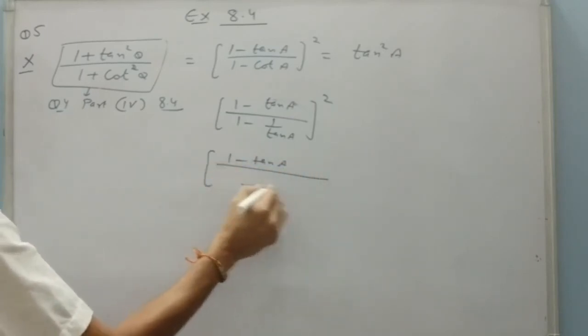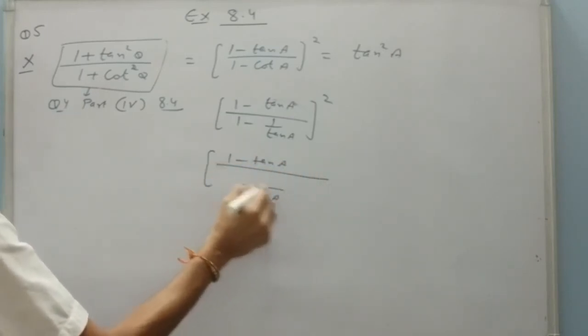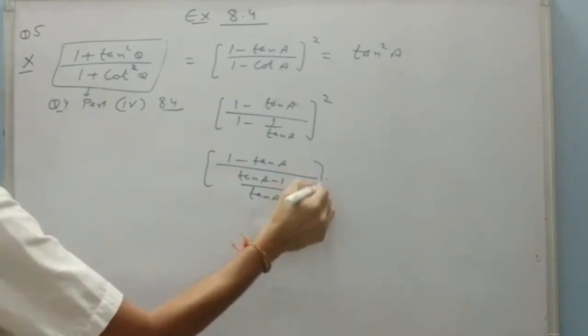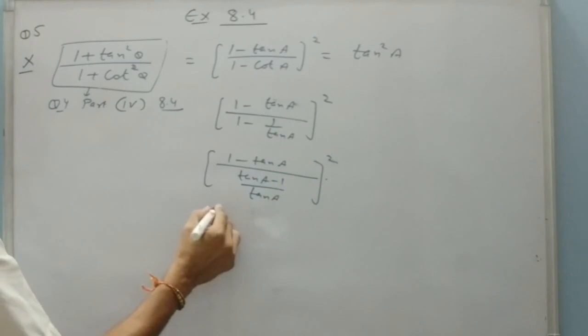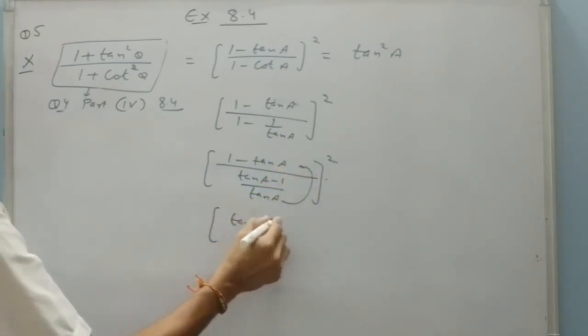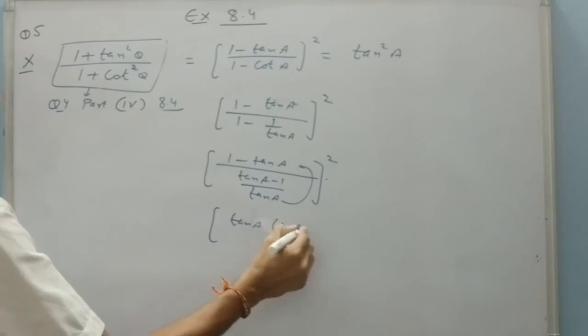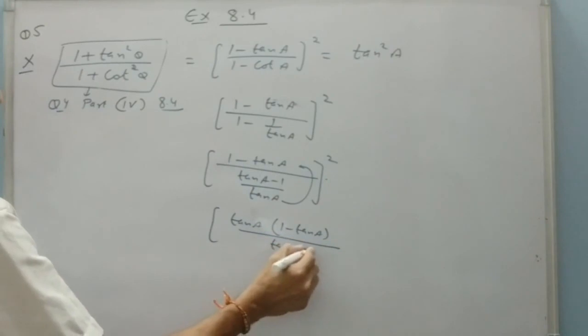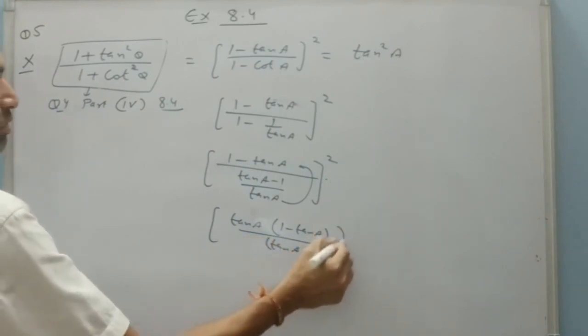In the denominator, LCM is tan A. This is (tan A minus 1) whole square. This tan will go upside, that will become tan A into (1 minus tan A) upon (tan A minus 1) whole square.